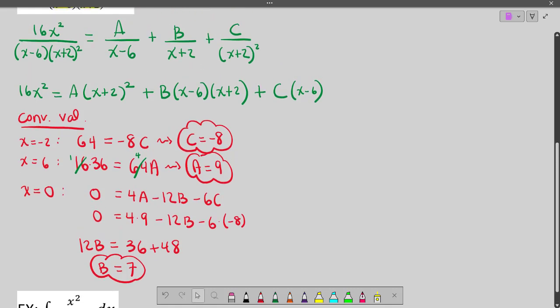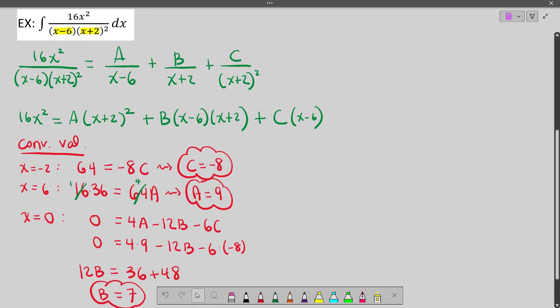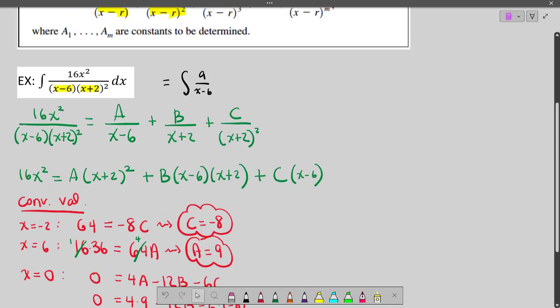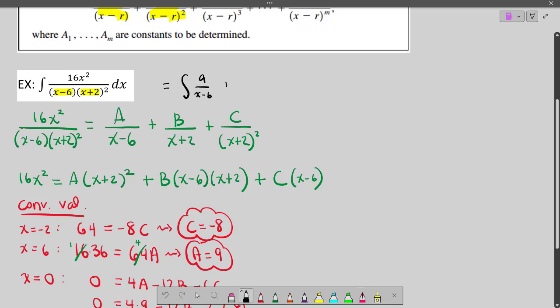All right, so let's just finish this thing off. So 7 is b. So that allows us to rewrite this as the integral of a, which we found to be 9. So 9 over x minus 6. B we found to be 7. So plus 7 over x plus 2.